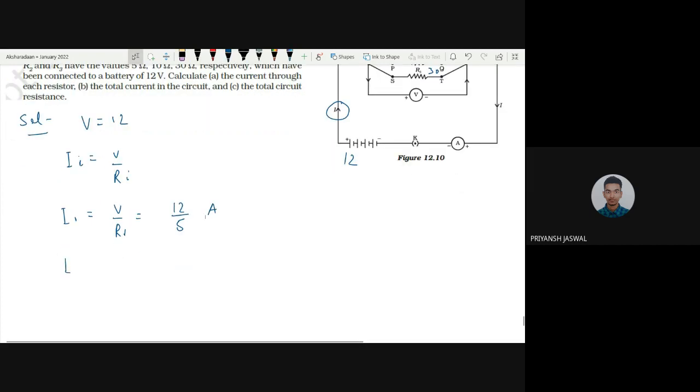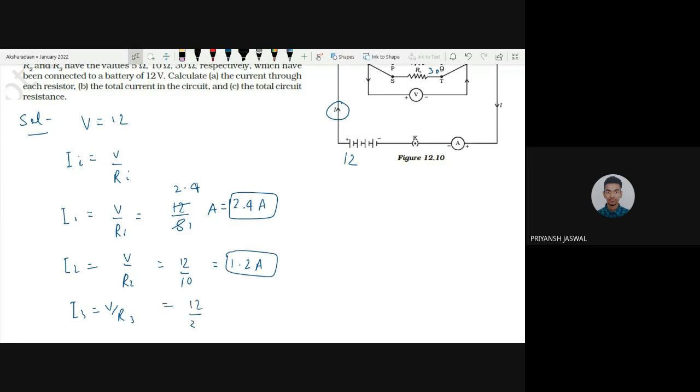Current through second resistor will be similarly V by R2, and I3 is V by R3. This is 12 by 10, 1.2 ampere, and I3 is 12 by 30, so 0.4 ampere.